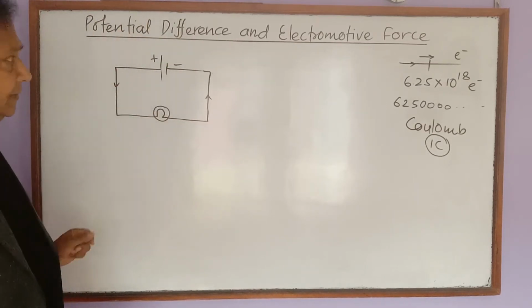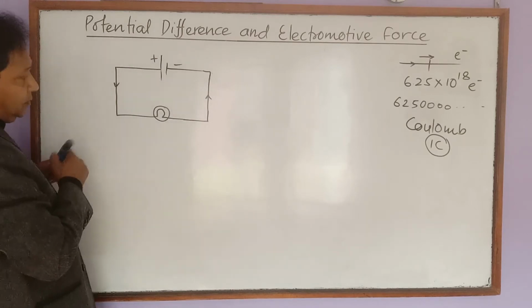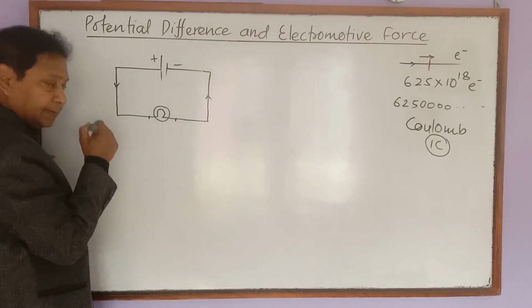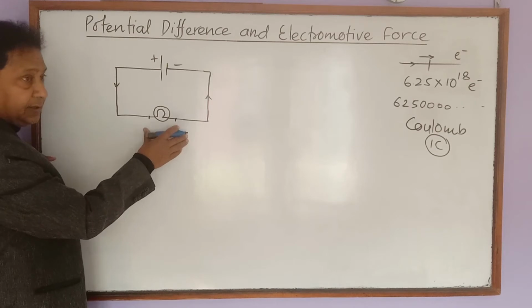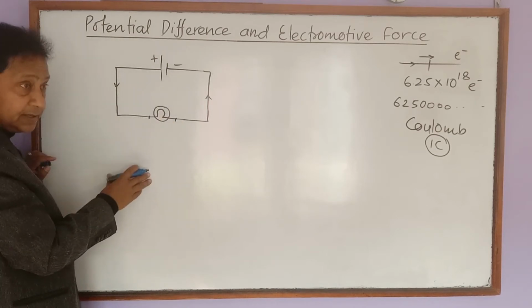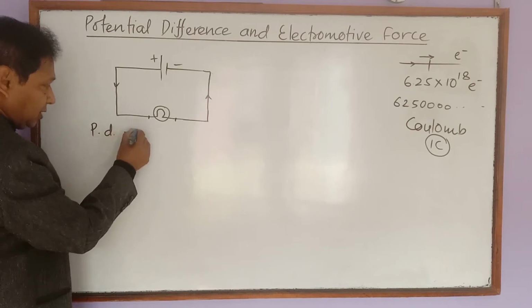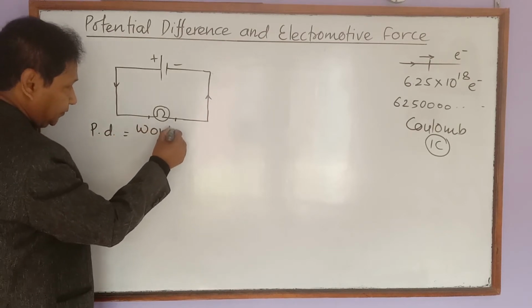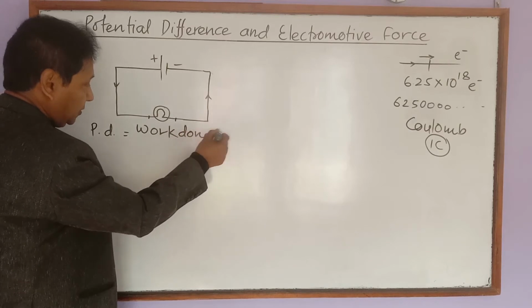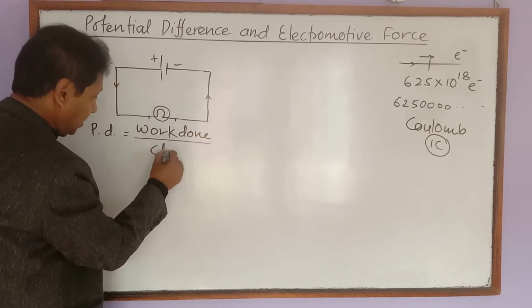Now, what is potential difference? The work done between these 2 points of the circuit is called potential difference. Potential difference is equal to work done by charge. What is the meaning?